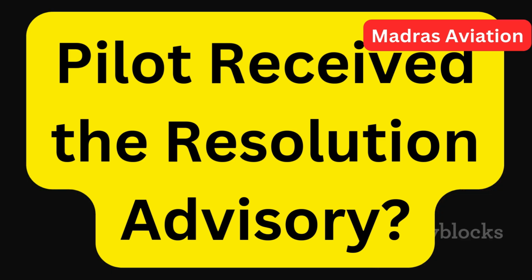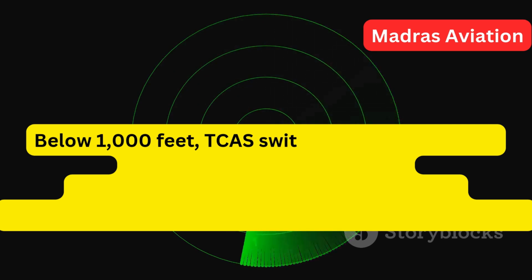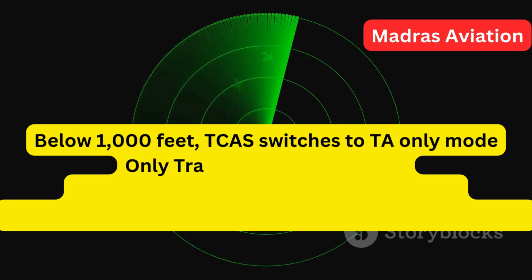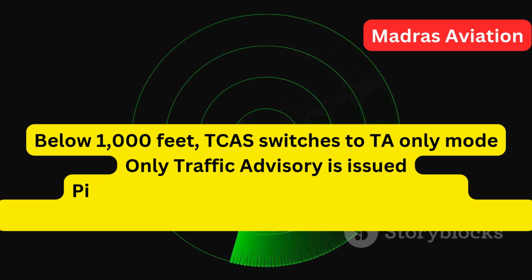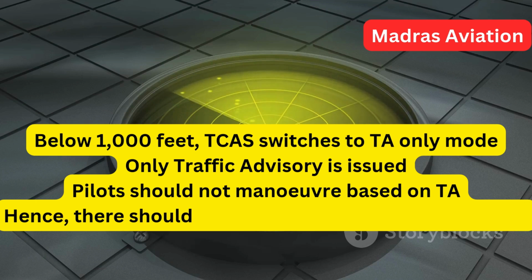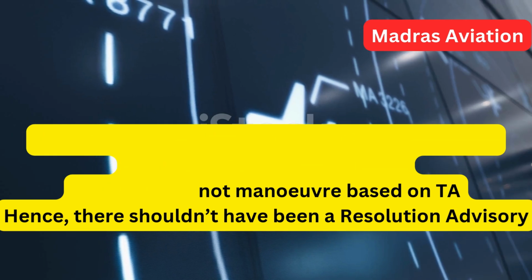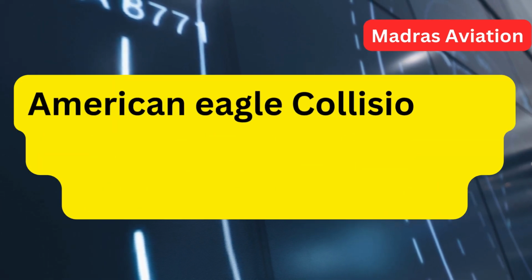It is by the design of the ACAS system that below 1,000 feet, TCAS will switch to traffic advisory only mode, which doesn't require pilot action. There will be no resolution advisory, or RA, issued below 1,000 feet by design. This could be a collision that will bring new changes to how the ACAS works.